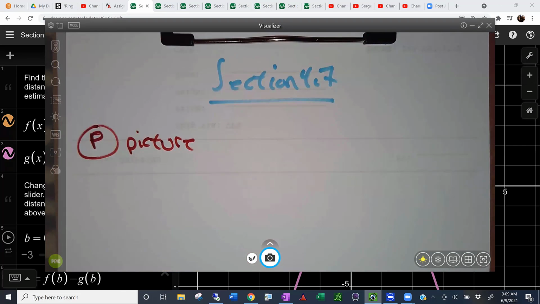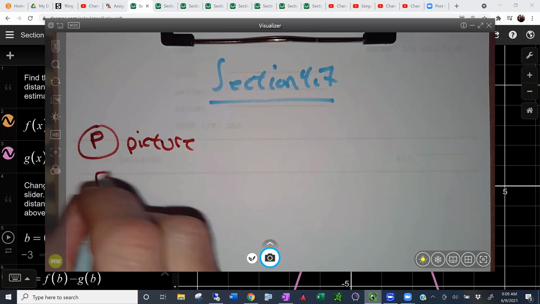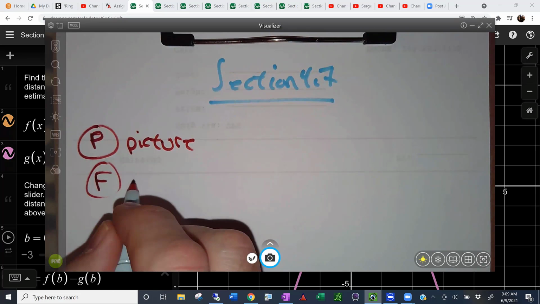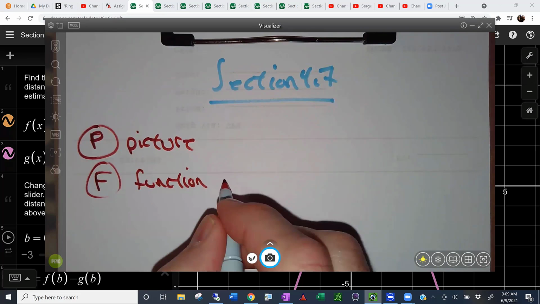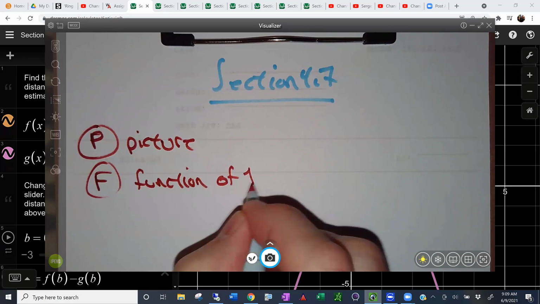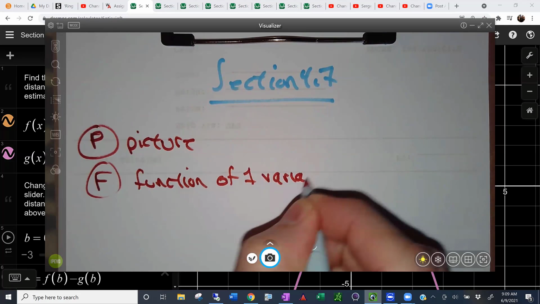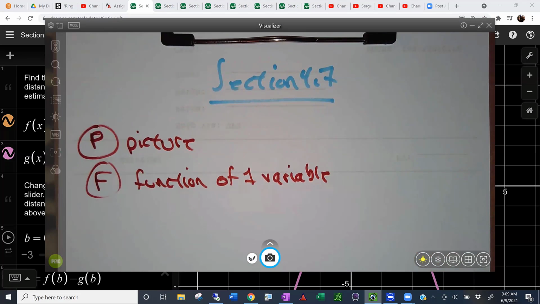And then with that picture, we want to try and find a function. And that has to be a function of one variable. Now, oftentimes we'll start out with more than one variable, but you got to use parts of the problem to try and rewrite things and get it down to one variable.